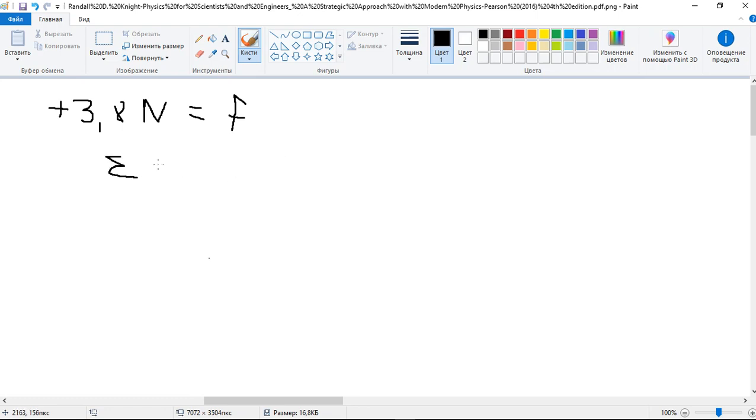Okay, let's find the normal force for the x direction. We know that the sum of forces in the x direction is 0.